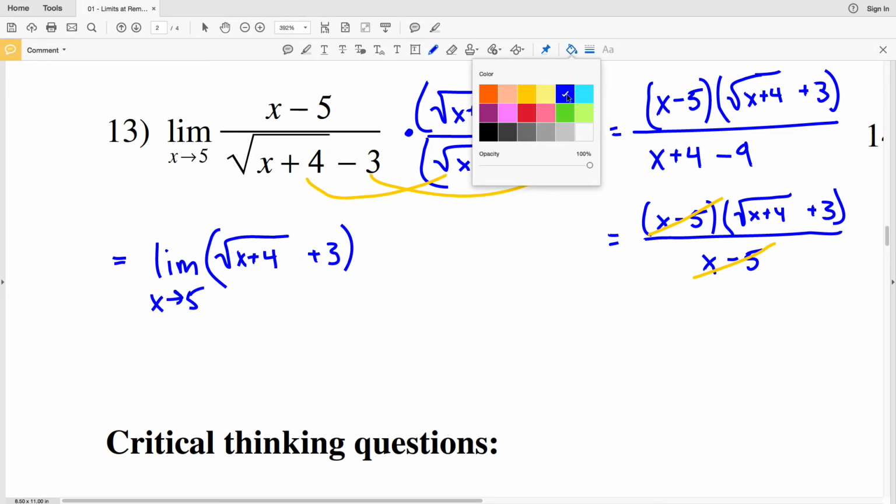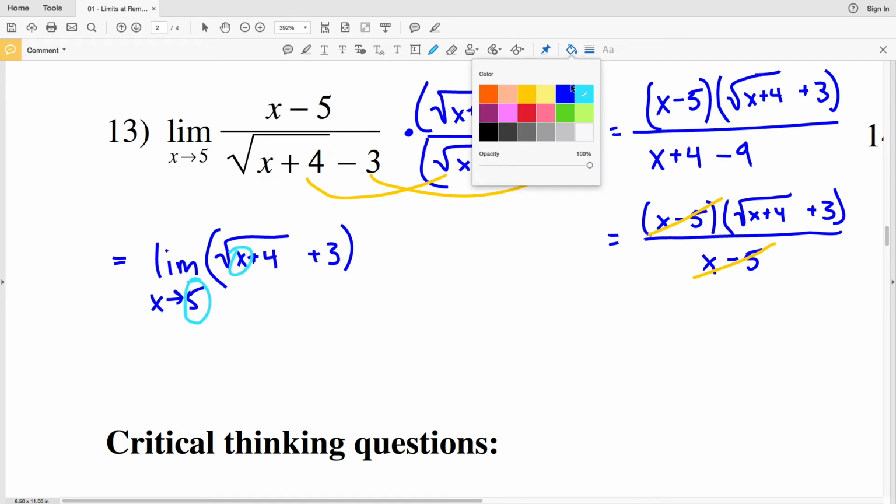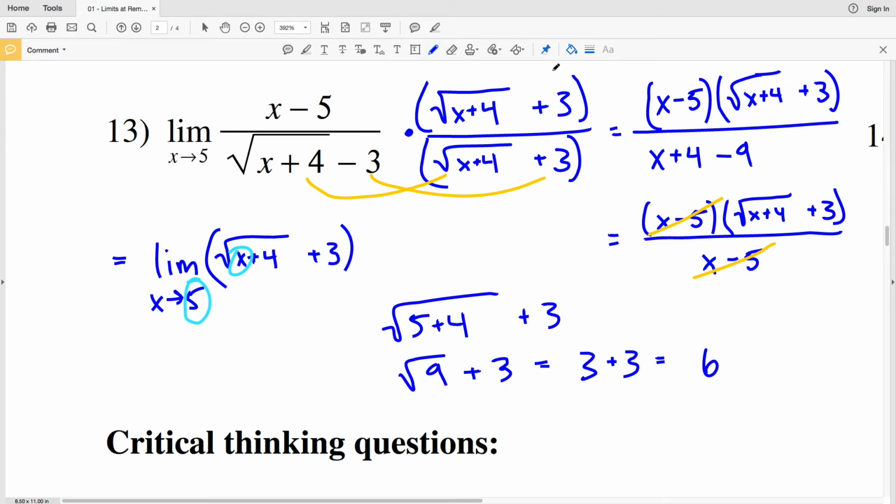So all I'm going to do is direct evaluation. Take 5, plug that in for x, and solve. So the square root of 5 plus 4 plus 3 is the square root of 9 plus 3, which equals 3 plus 3 and gives me a value of 6. So 6 is my solution in number 13.